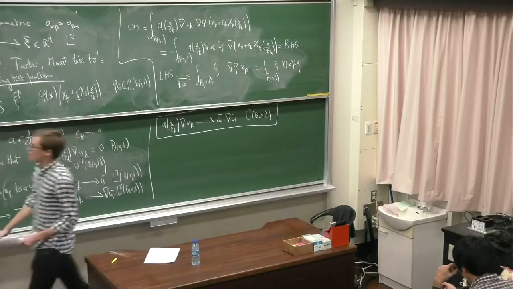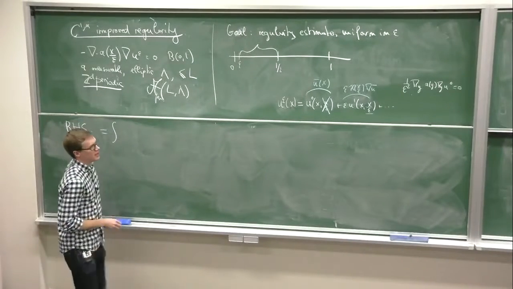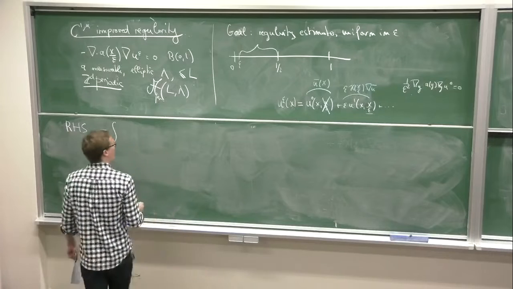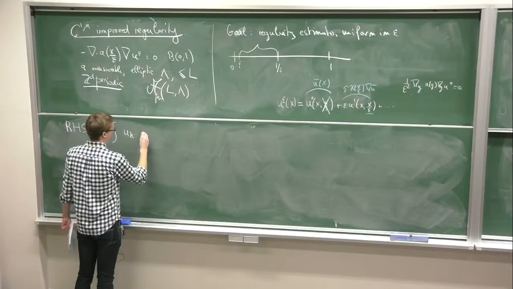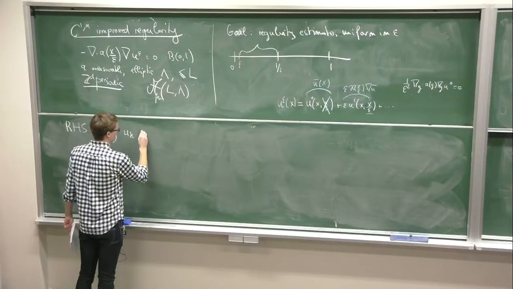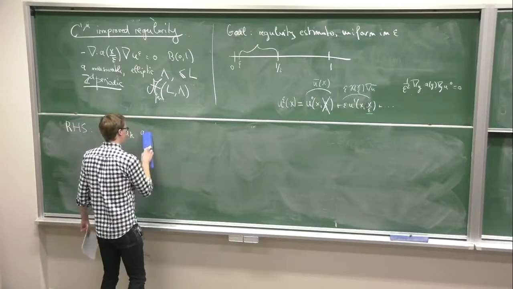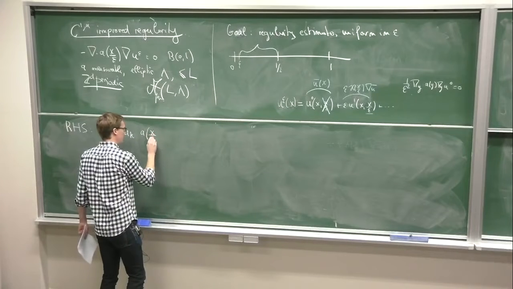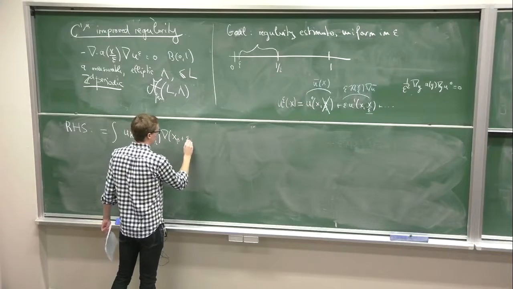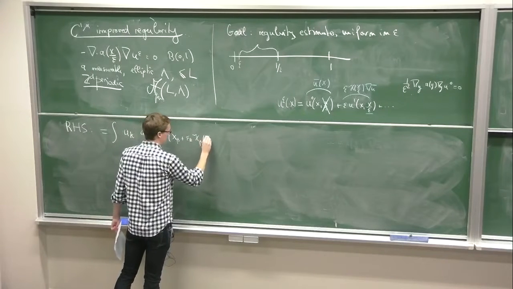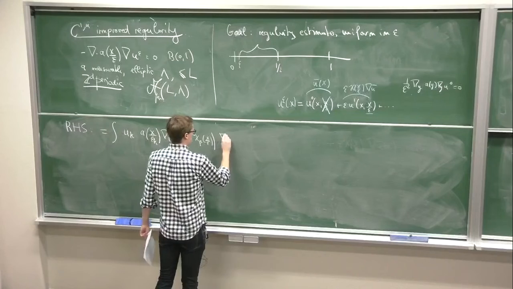So we'll get that the right-hand side is equal to plus the integral of u k times A of x over epsilon k gradient of x beta plus epsilon k chi beta of x over epsilon k times gradient phi.